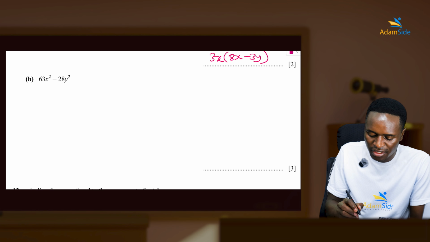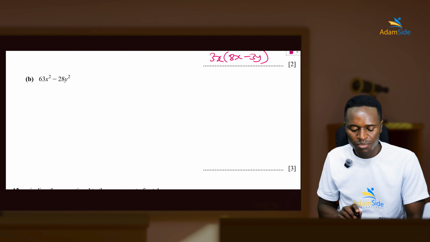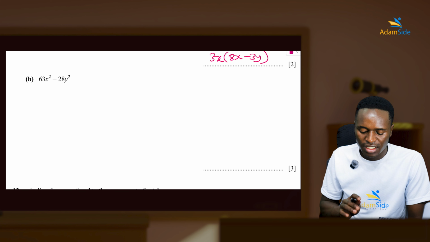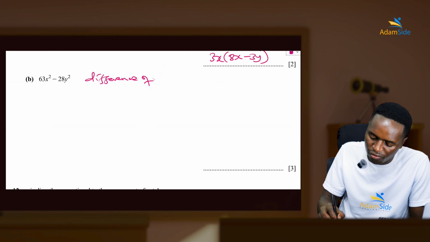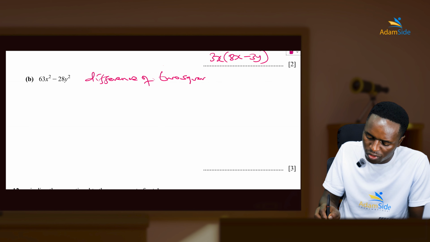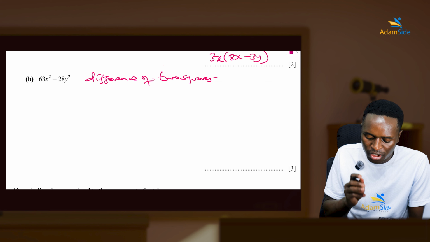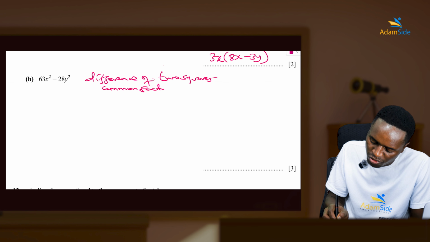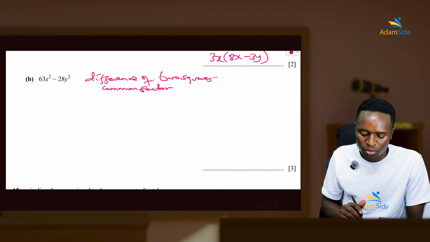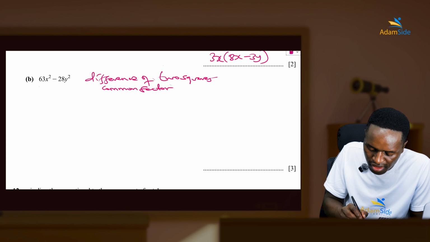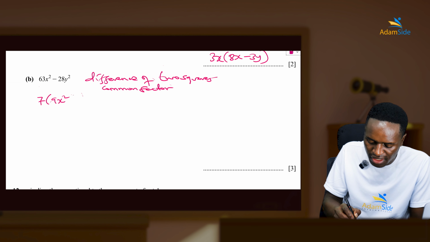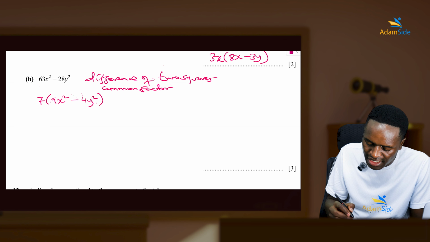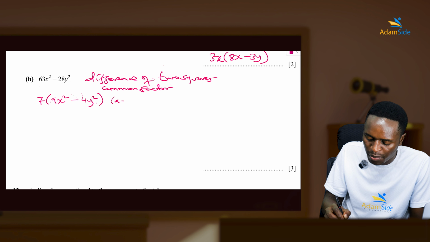Then the next question here, we have 63x squared minus 28y squared. This is called a difference of two squares. First of all, you look for a common factor between the two expressions. The common factor here will be 7. So 7 outside will be 9x squared minus 4y squared. Then this is where the difference of two squares happens, a plus b, a minus b.